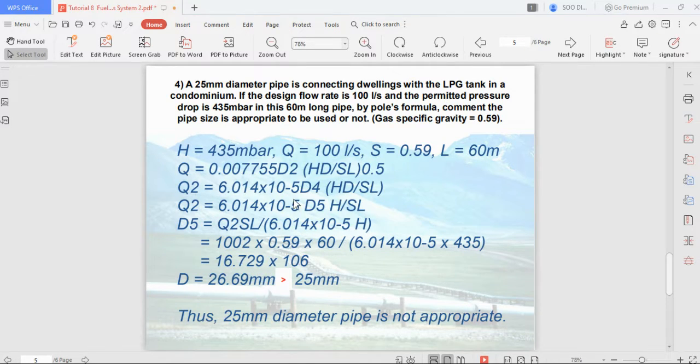So you put all the factors into this Pohl's formula, and then you have to work it out, that D is actually equal to 26.69. Which is bigger than 25 mm. So for this question, 25 millimeter is not appropriate lah.